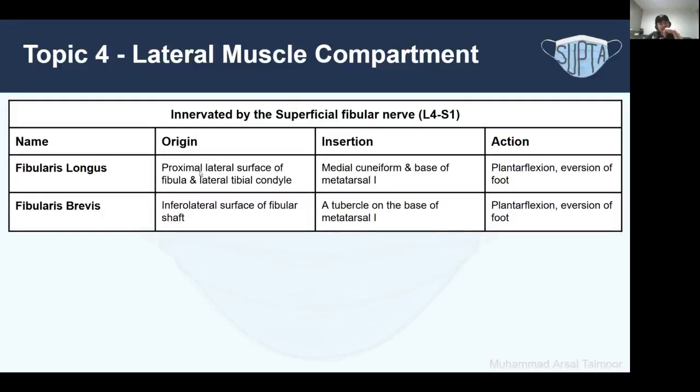Lateral meaning fibula, so originates from the fibula, and then it inserts onto the medial cuneiform and base of the metatarsal, so kind of like the tibialis anterior, and then the fibularis brevis on the prominence of the base of metatarsal 1.